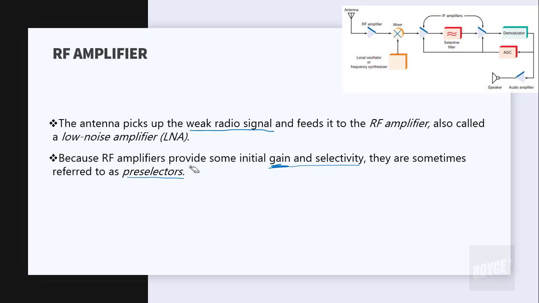Okay, so sila yung pre-selector. So alin ba talaga yung nag-produce ng selectivity, nandito sa mixer local oscillator stage? Okay, that is RF amplifier. Wala yang ibang gagawin. I-amplify niya lang yung weak signal na pumasok sa antenna. Yun lang.